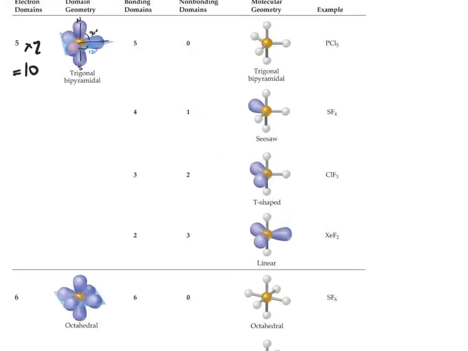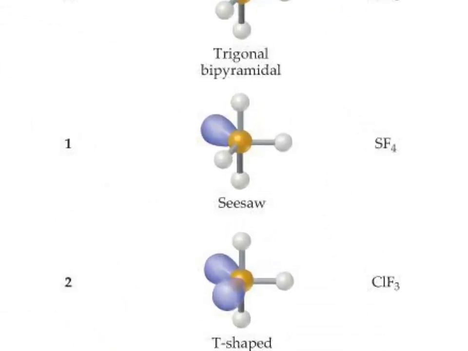I'm going to zoom in once again on the screen so you can see a piece of the picture. The pair of electrons that gets added in replacing a bond is always going to be one of those equatorial domains. Never a vertical domain, always one of the horizontal plane domains.